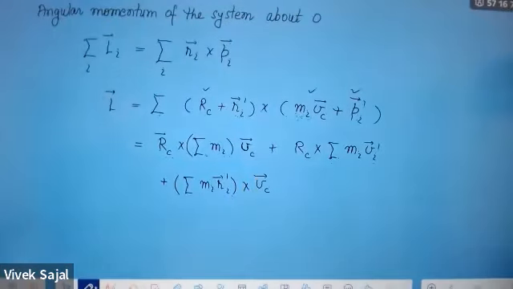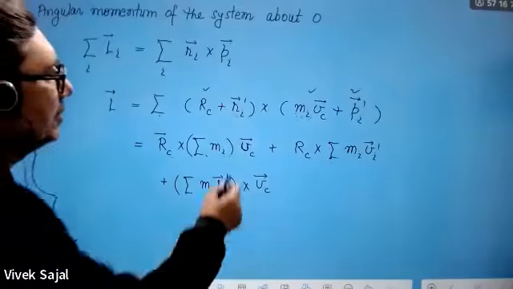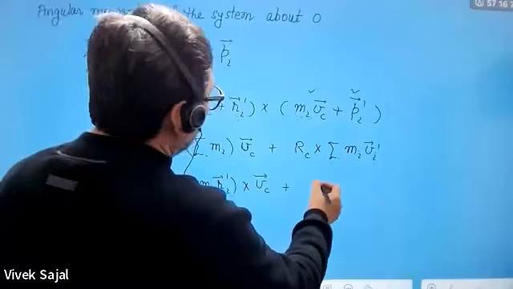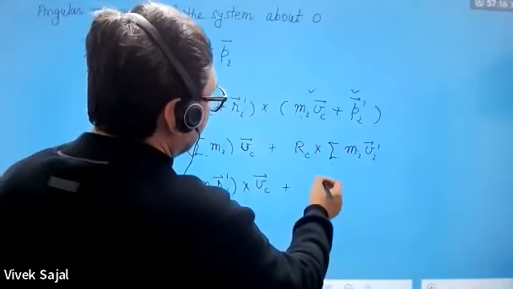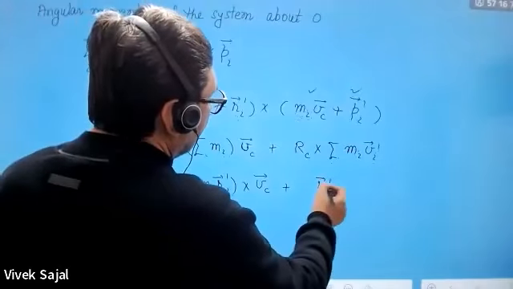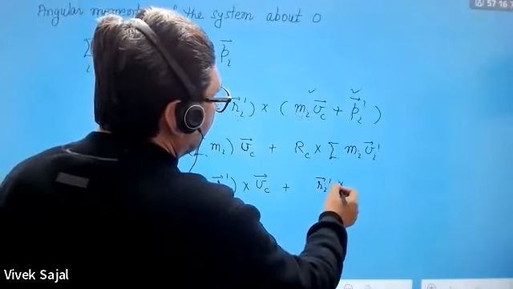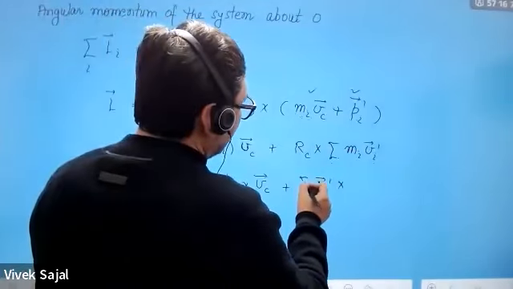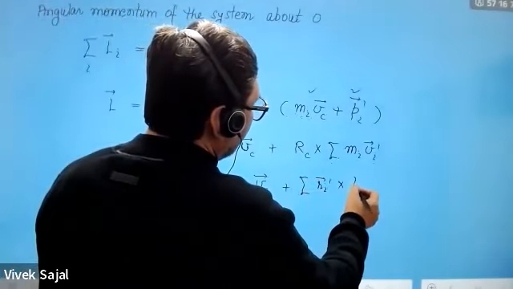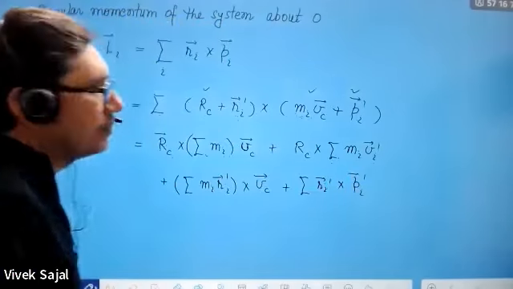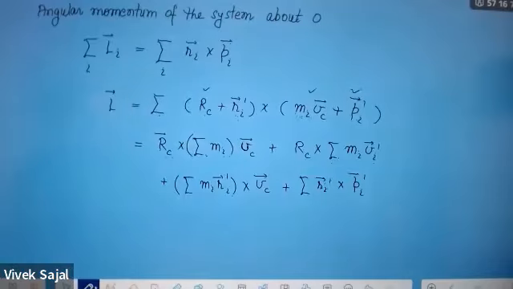And the last one is plus Ri prime cross Pi prime, with sigma over Pi prime. This will be for the complete system.